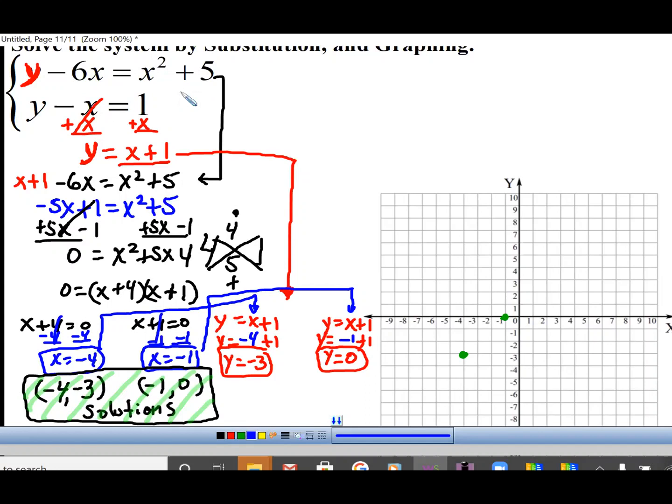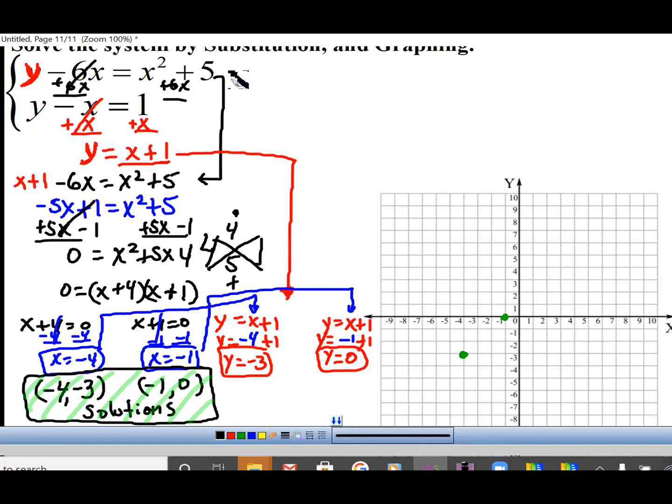What do you think, Octavio? To leave y by itself on the first equation, what do I do? Roman, help him out. Do you add 6x? Add 6x to each side.